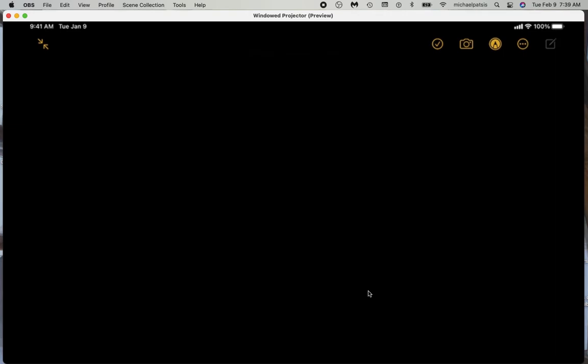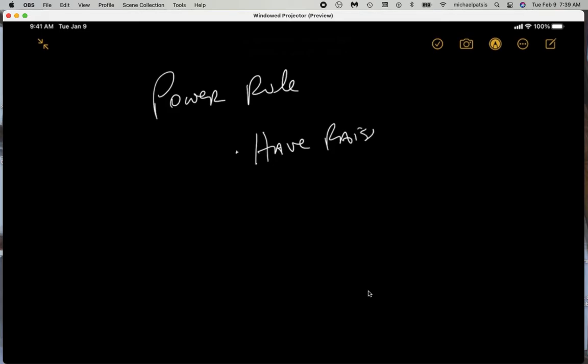Okay, let's move on to something called the power rule. Very important. The power rule literally means you have something raised to a power, and then you take that something and you raise it to another power.